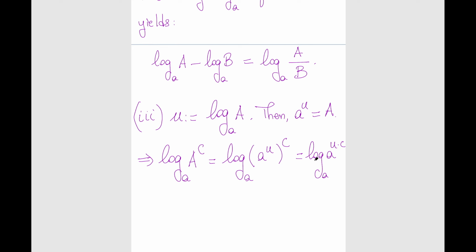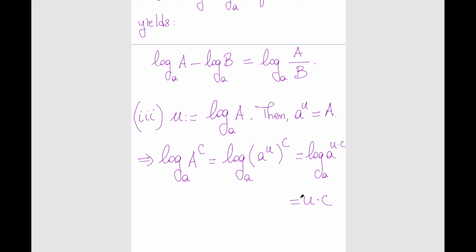All right, here one more time, log base a back to back with the exponential function with base a. So back to back, neutral action, we only get u times c, right? And what's u? It's log base a of capital A. So u times c is the same as c times u, and u is this guy.